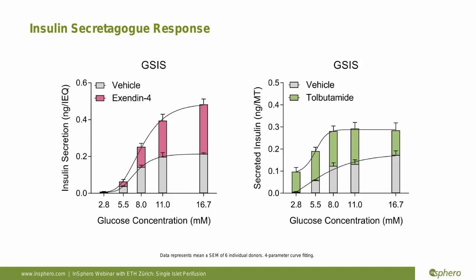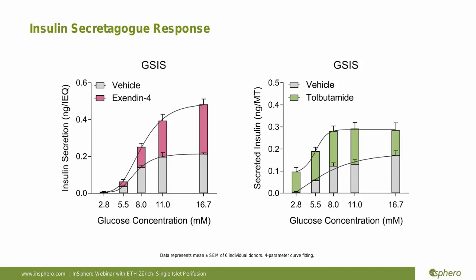For GLP-1 receptor agonists, such as exendin-4, we expect the response to be glucose dependent. These compounds, these hormones, work by augmenting glucose-dependent pathways in the cells, and therefore only work better in increasing glucose concentrations.